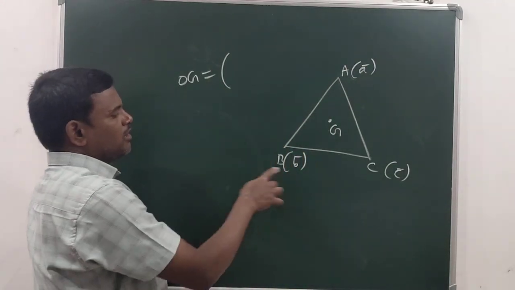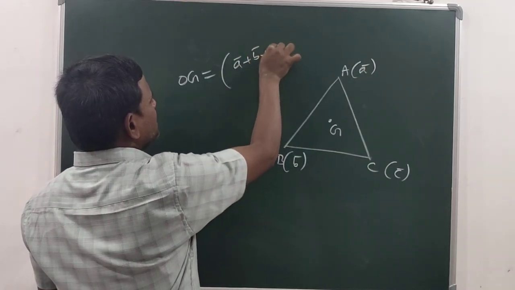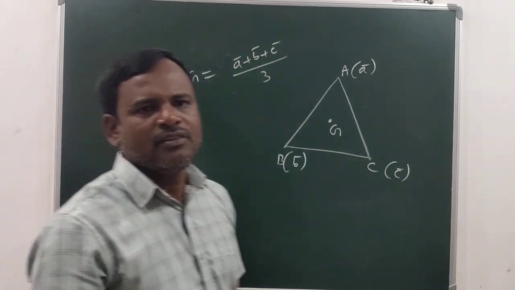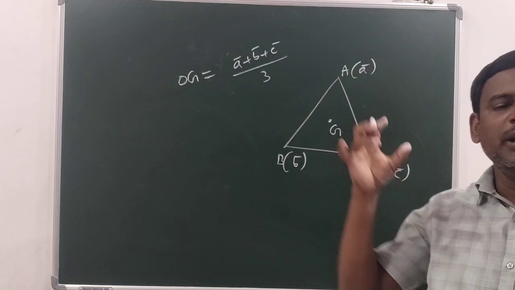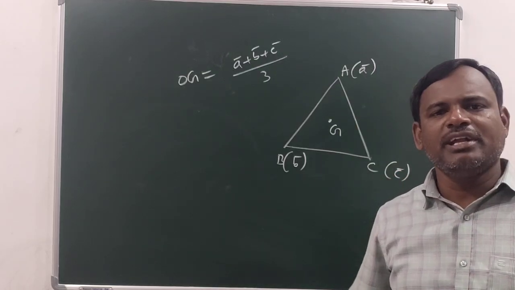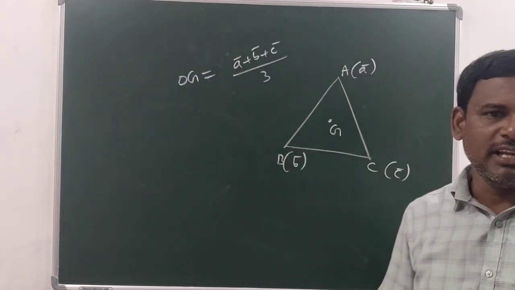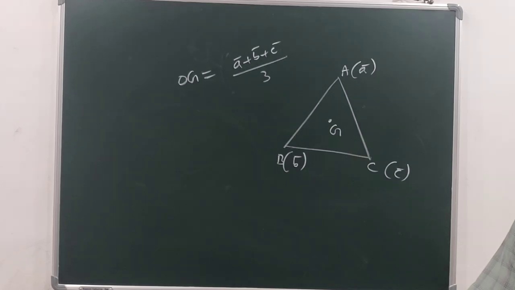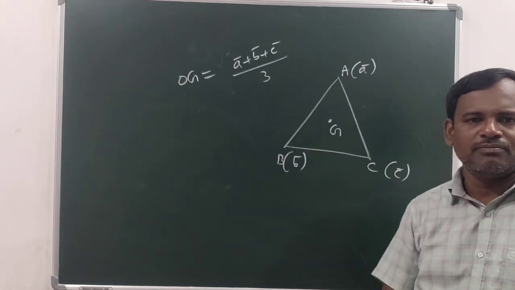So here what you have to write is A bar plus B bar plus C bar by 3. This is the position vector of the centroid of the triangle. So here A, B, C are 3 points in the space. If you connect them, you get a triangle, and they are asking us to find the centroid of this triangle. So you would have to apply this formula, A bar plus B bar plus C bar by 3. In 2D and in 3D also you learnt this formula.